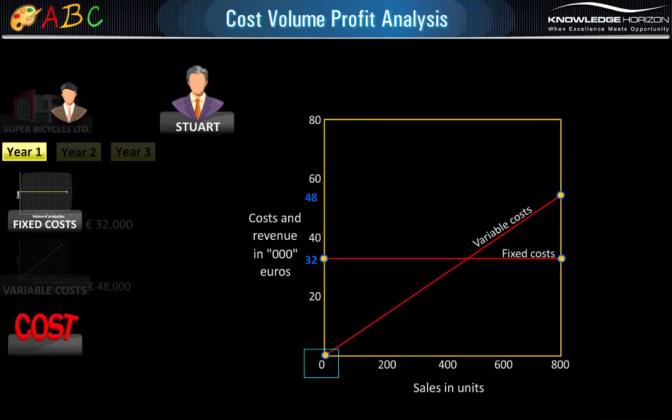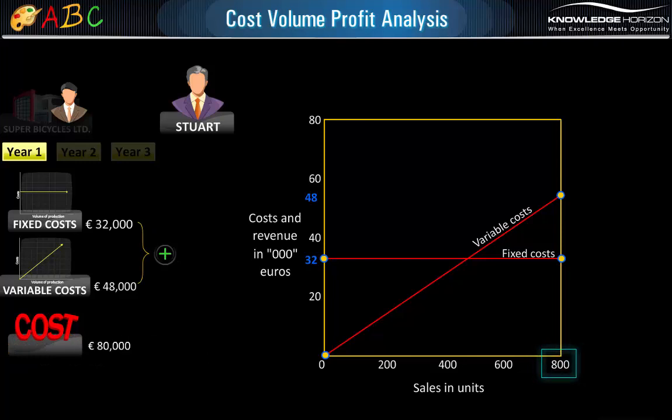The total costs at the sales level of 800 bicycles is €80,000. The point corresponding to the sales of 800 bicycles and €80,000 of costs is plotted, and the point at €32,000 and the point at €80,000 are joined. This gives the line for total costs.